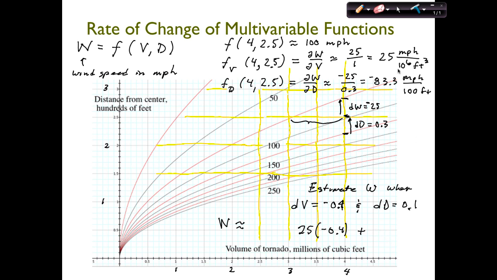Given any change in distance, the change in wind speed will be the rate of change times the change in distance. And then starting wind speed plus the change in wind speed due to the volume change plus the change in wind speed due to the distance change.